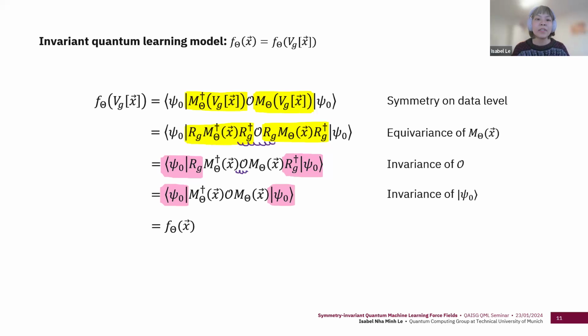And the same happens with the symmetry action that will now act on the initial state. So this will also be absorbed. And in the end, you just get the exact same results as if you had inputted the original chemical configuration, without, for example, rotating it or translating it, etc.